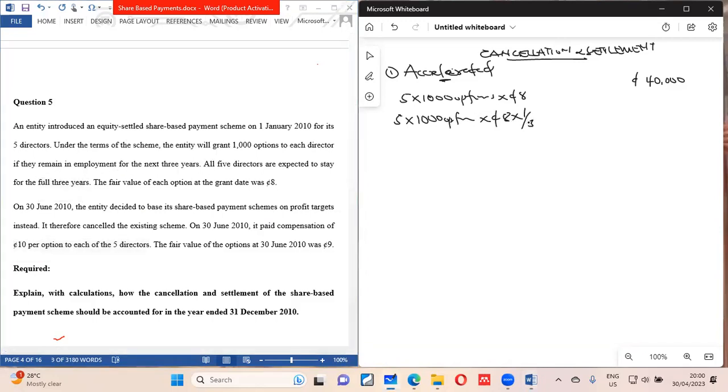So 1 over 3. This is our normal expense that we have. But since we accelerated the thing to recognize all that would have been vested during the vesting period, that is the one that we have done, all of them, because all of them stayed. 5, they all stayed. So that means that at the vesting date, all of them would have vested.